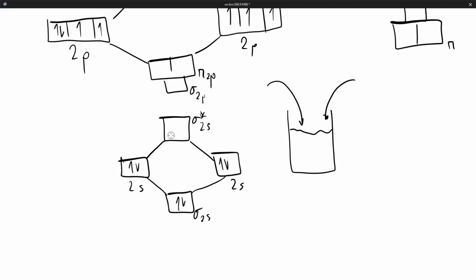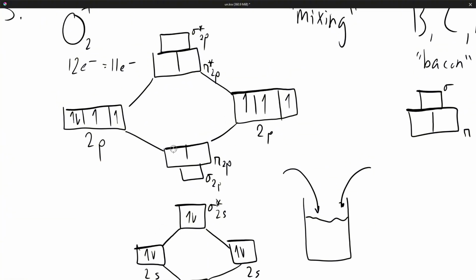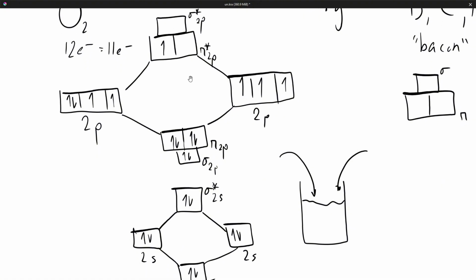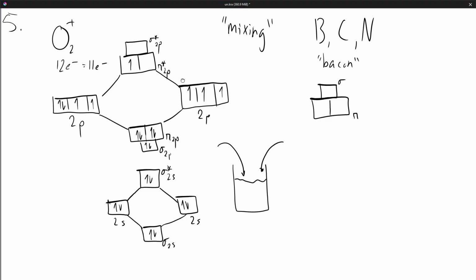There's 2 left over from this side, so 3, 4. That's good. Now we use these electrons to fill in these boxes right here. So it's 1, 2, 3, 4, 5, 6. We have 2, 4, 6, 7. So the last one, 7, is right here. So this should be a complete molecular orbital diagram.